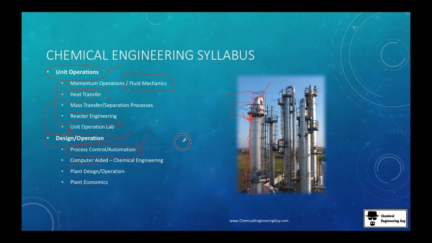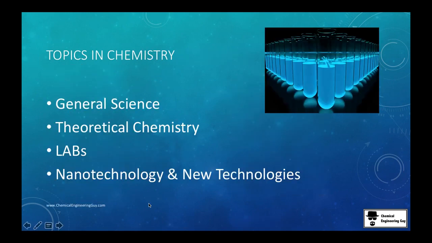Computer-aided chemical engineering, and there's plenty of software that helps the chemical engineer, most likely simulation software. Plant design and operation is one of the most important ones, and probably you're going to have one final project involving the building or design of a chemical plant, and you need to include the plant economics, which means how much investment, how much it is going to cost to operate, and when is the return on investment.